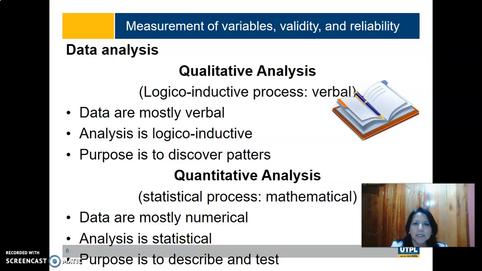In some cases, you selected a qualitative approach, and in that case, you have to focus on qualitative analysis. In other cases, you decided on quantitative analysis, and of course, that is the main focus for your study, and the way you are going to analyze and interpret the results.